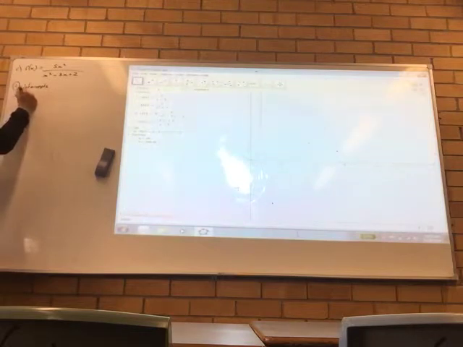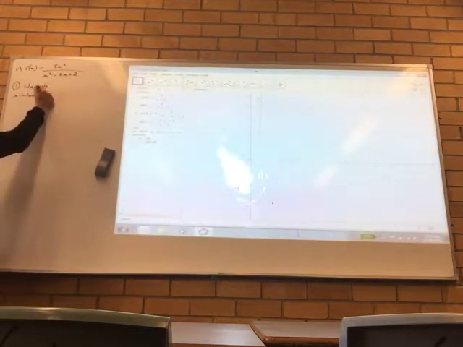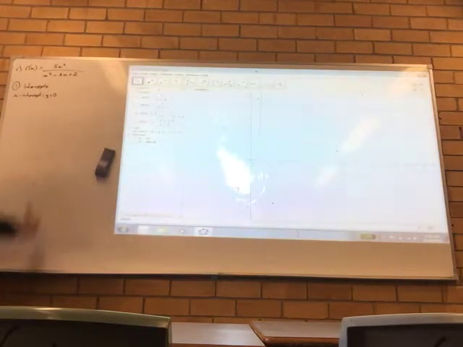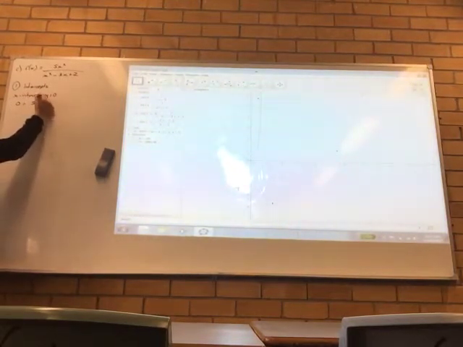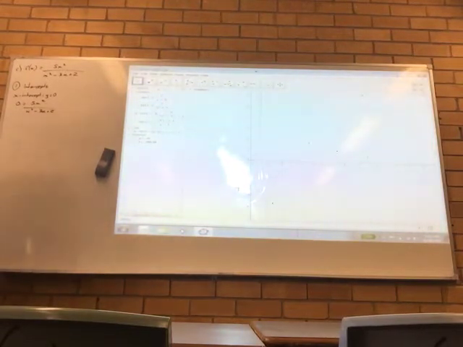Okay, for the x-intercept, y is 0. So 0 is going to be 5x squared all over x squared take away 3x plus 2.